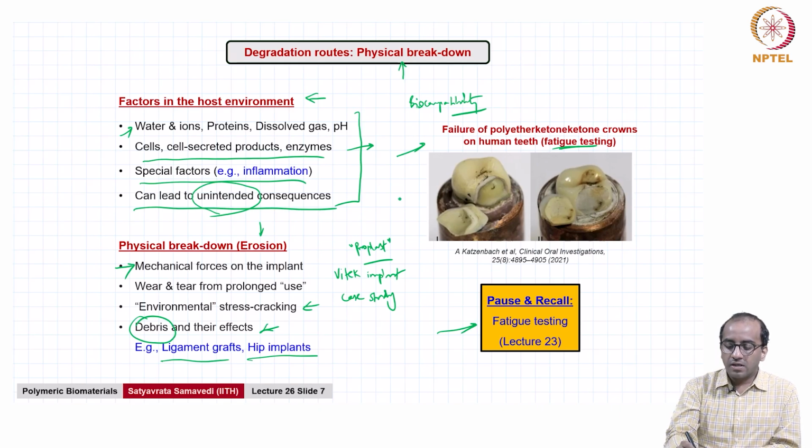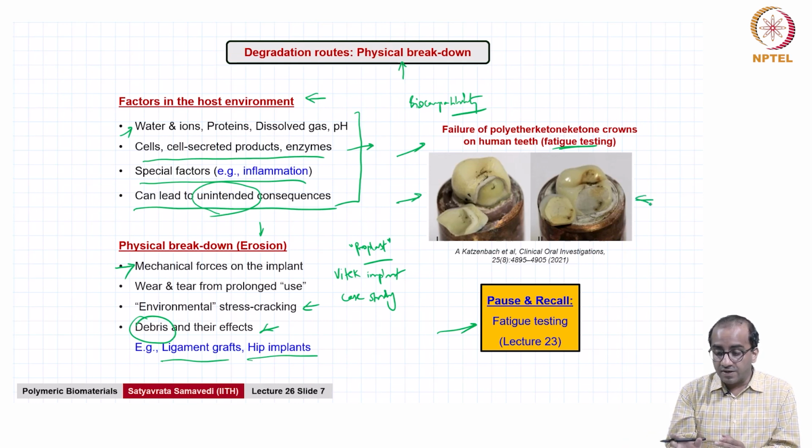So shown here are pictures of failure of these crowns on human teeth occurring from fatigue testing. As per the study, they've looked at something like 900,000 cycles at 750 Newton force, right? Repeated loading and unloading cycles leading to eventual failure.